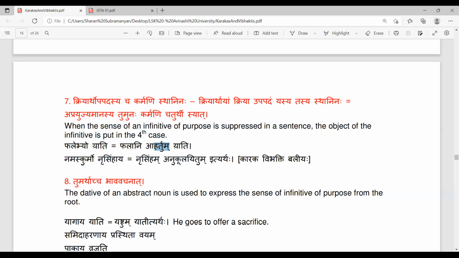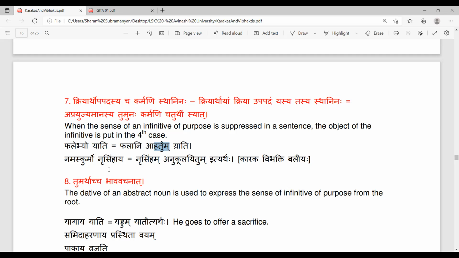If the tuman artha is there, then Narasimham would be in the second case. If it is suppressed, not explicitly told but implied, then the object would be in Chaturthi Vibhakti.